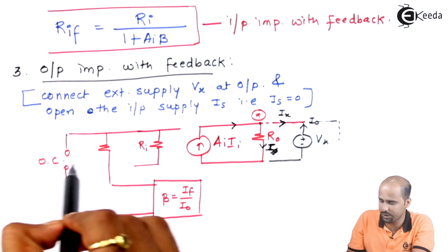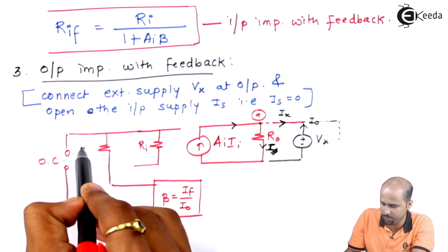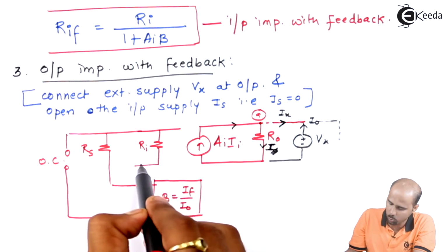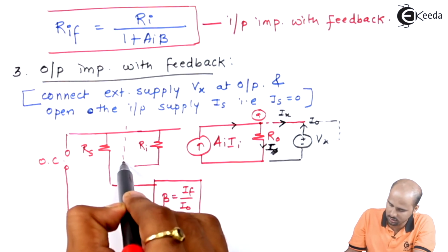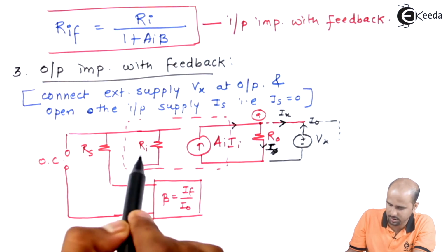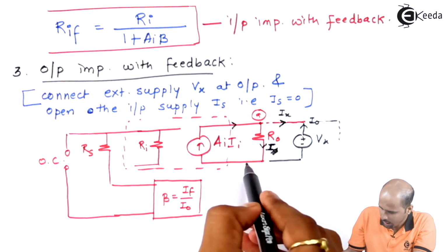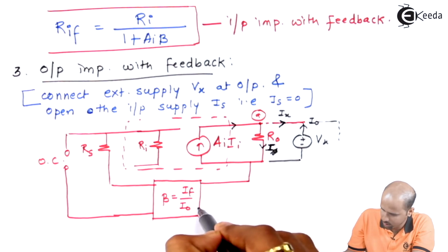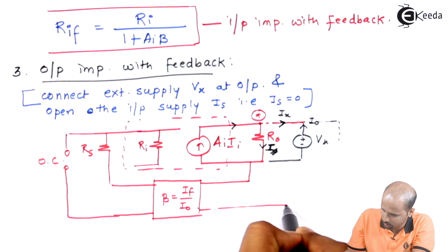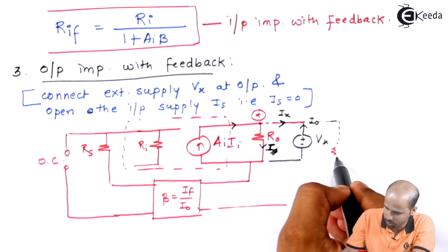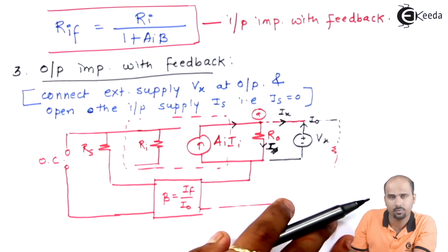As it is written over here, IS is open circuited, replaced with its internal resistance RS. I can say that this is nothing but your current amplifier, and we can say this is connected over here, and the other part is at the load, and we have nothing to do with this particular load part. Okay, right?